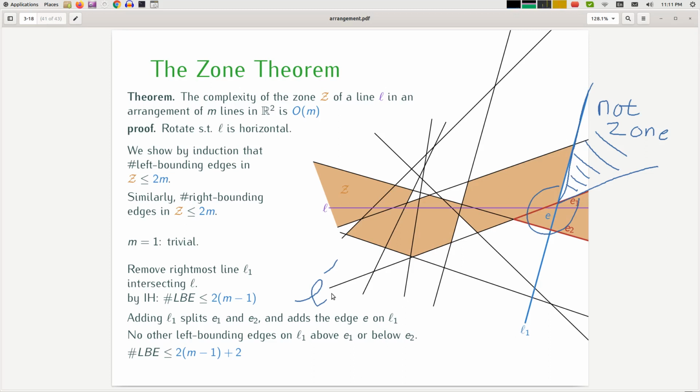Okay? So that part of the picture is not in the zone. So therefore, there cannot be any left bounding edges on this part of line L1.